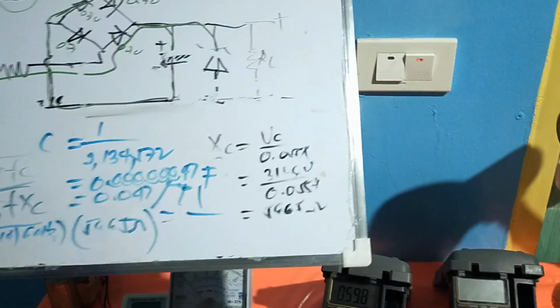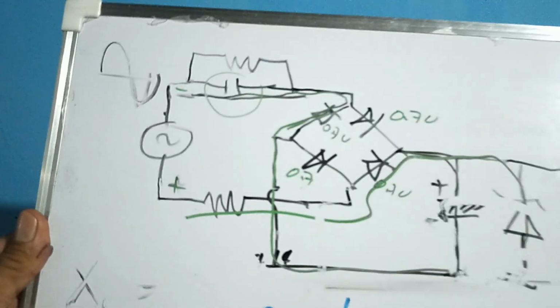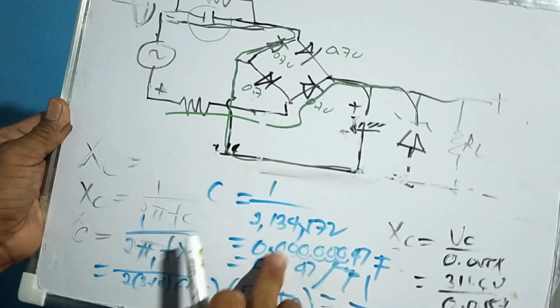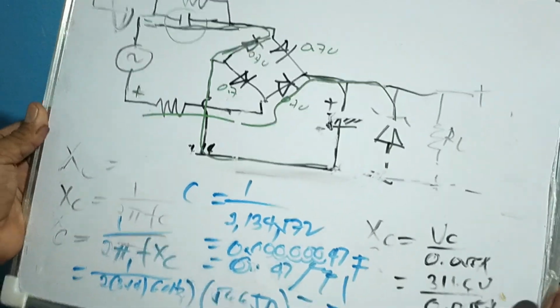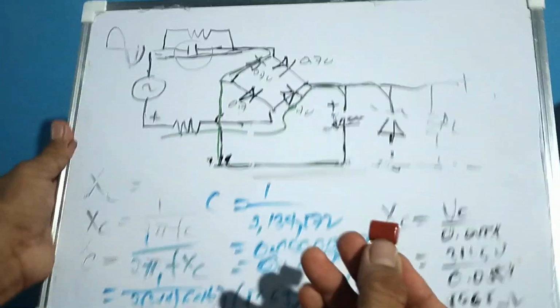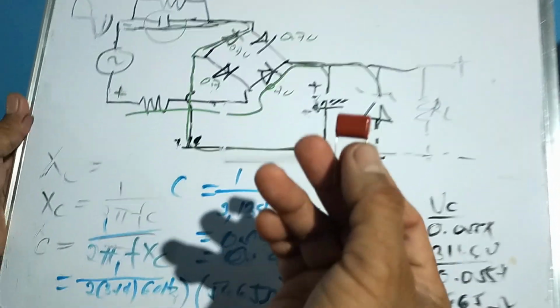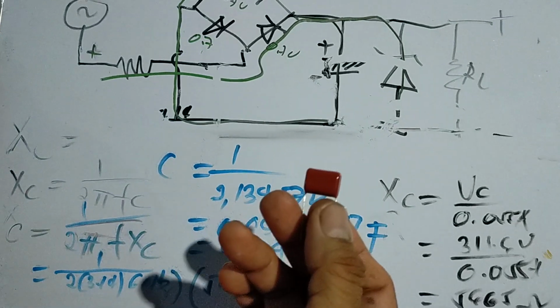So that is why the capacitance of this capacitor here is 0.47 microfarad. That is why we are using 474J here.